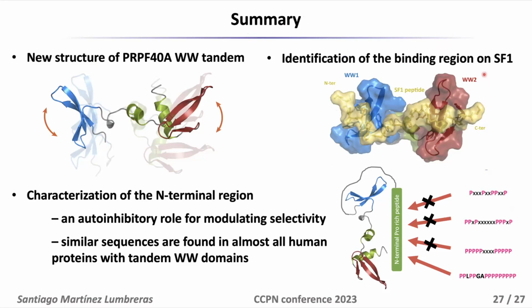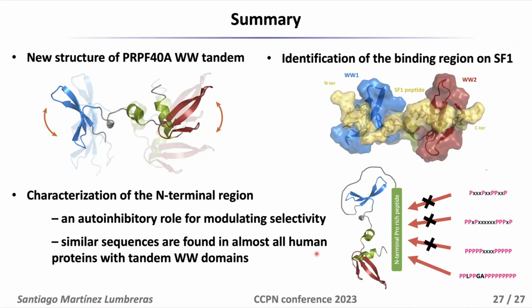Then we also identified the SF1 binding region, and we explained why it has higher affinity than other proline-rich peptides, and solved the structure of the complex. And more importantly, we saw that there is a regulation: there is an N-terminal part that acts as an autoinhibitory peptide that modulates the selectivity towards the right targets.